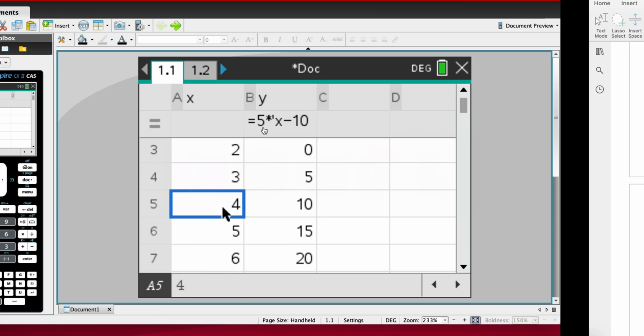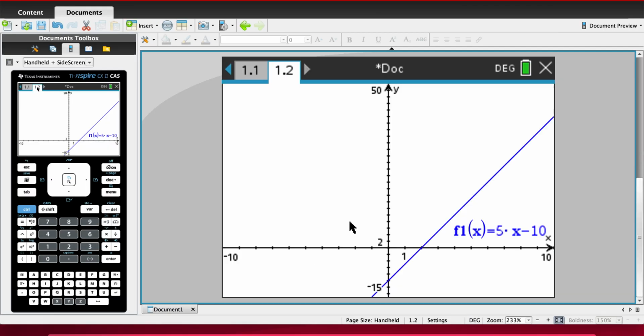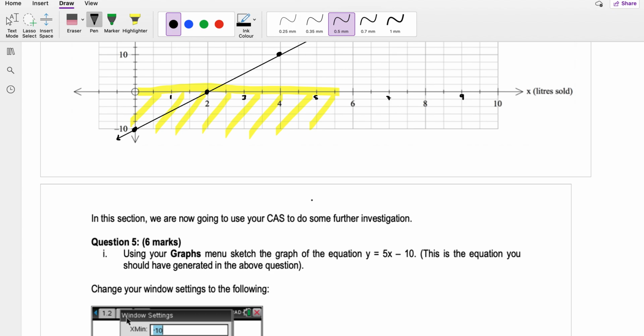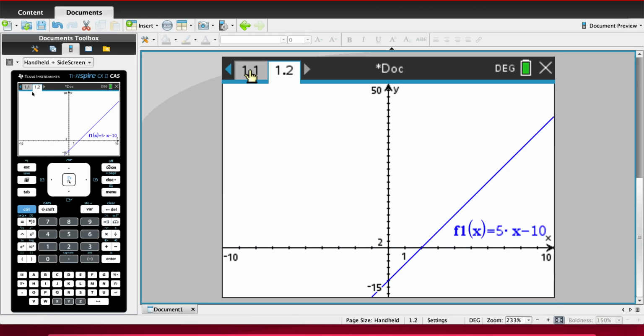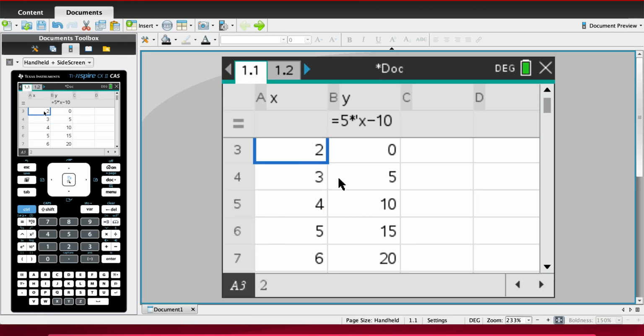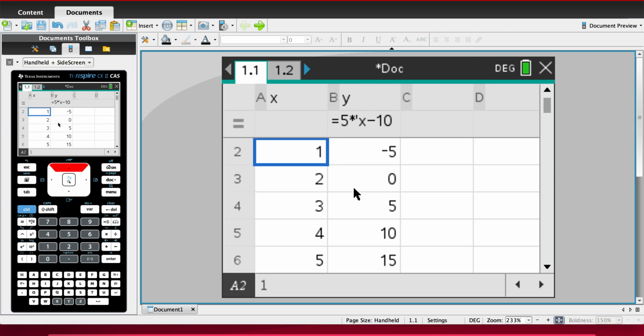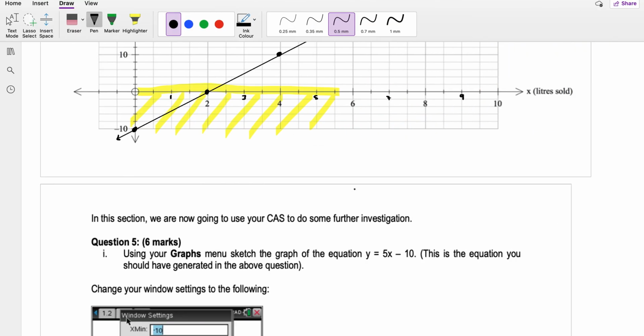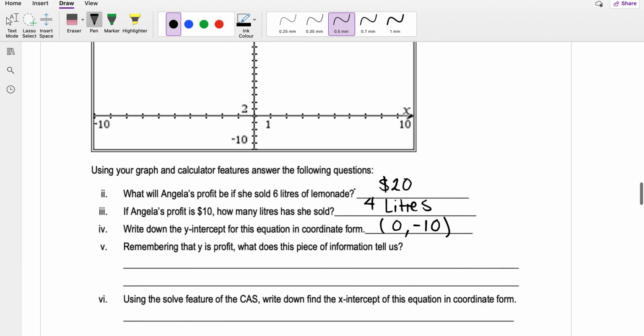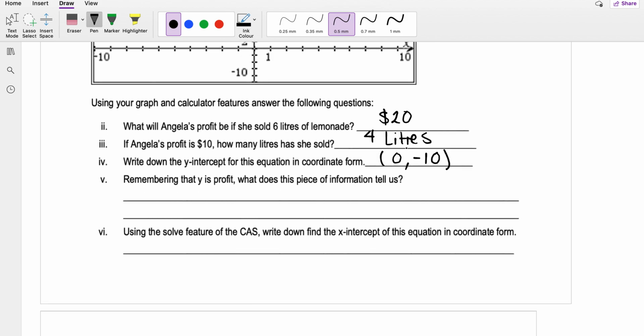We have it in our CAS. Here, we can see that it goes exactly through this point of 2, 0. And we also have it in our tables, because when x is equal to 2, y is equal to 0. So we have it in a lot of places, so we don't need to use solve to do this one. So here we will say this one is 2, 0.